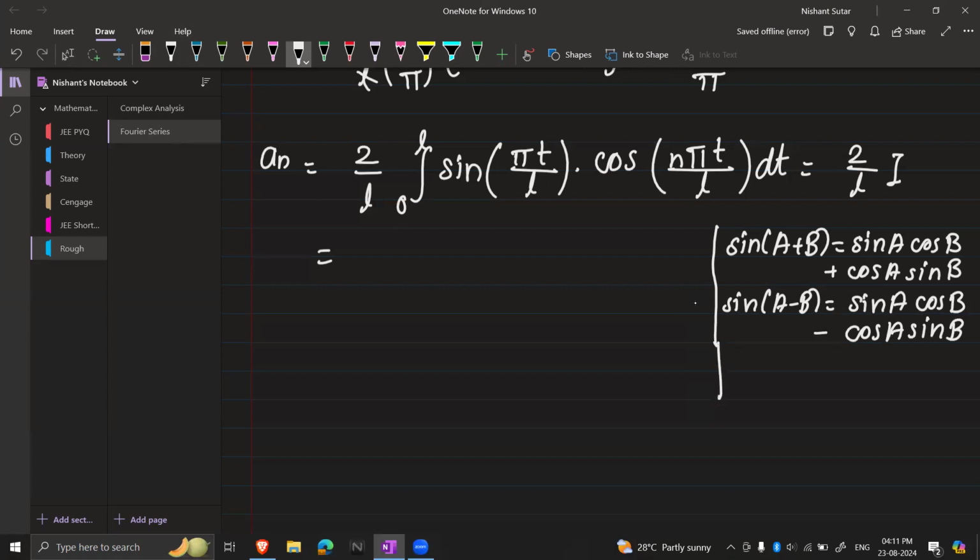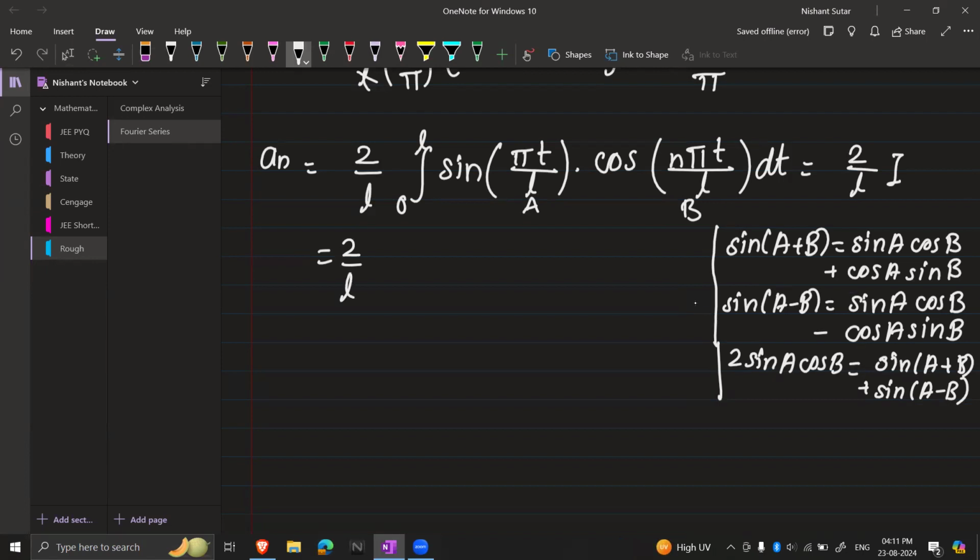Now if I just add these two, I will get 2 times sine a cos b is equal to sine of a plus b plus sine of a minus b. Notice that here a is this value, and this value is b.